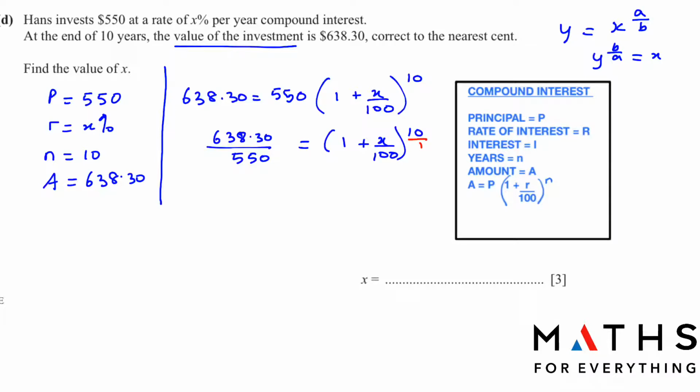There's always a 1 in the denominator of any number, whether we write it or not. So when we shift it to the other side, we can write it as to the power of 1 over 10. And now we have 1 plus X over 100.